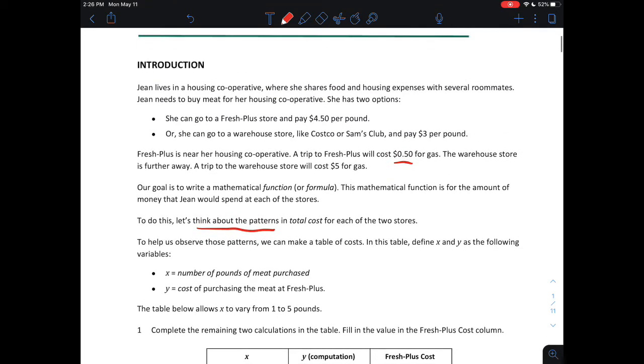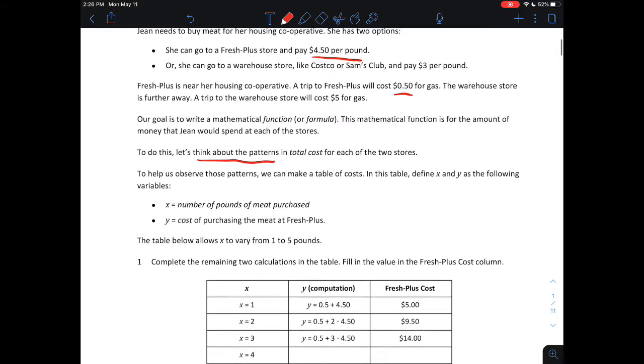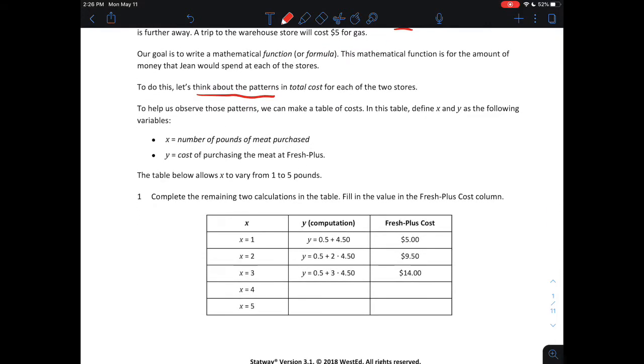And if she does that, it's $4.50 per pound. So the 50 cents, which is 0.5, plus $4.50 for the 1 pound of meat, that gives us a total cost of $5. So if she drove to the Fresh Plus store, bought 1 pound of meat, and came home, that would cost her a grand total of $5.